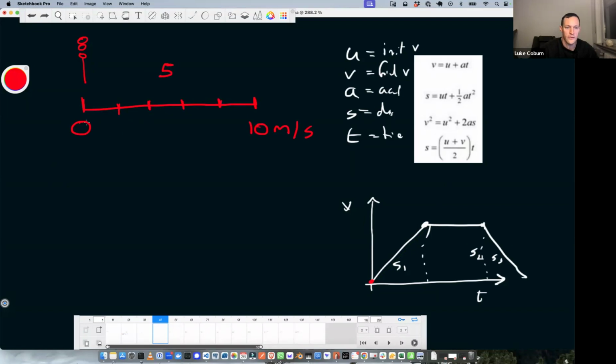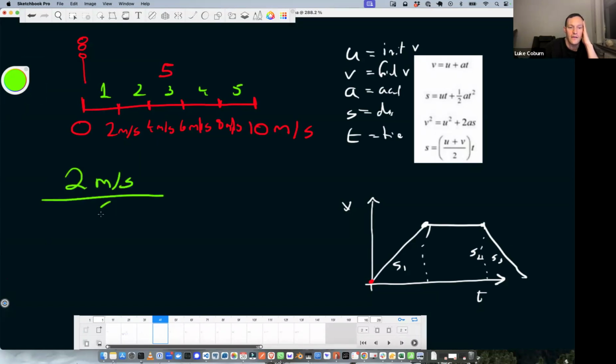So after 0 seconds, you're going 0 meters per second. After 2 seconds, you're going 2 meters per second, then 4, then 6, then 8, and then 10 meters per second. This is after 1 second, after 2 seconds, after 3, after 4, after 5 seconds. So what it's telling us is that we're getting 2 meters per second faster every second.